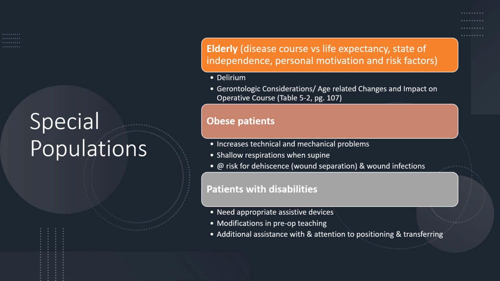Kind of know the patient, understand that they may not report pain. A lot of the elderly patients don't report pain for whatever reason. So kind of understand clues that might indicate they're in pain, like facial grimacing or acting out, irritability, body language.